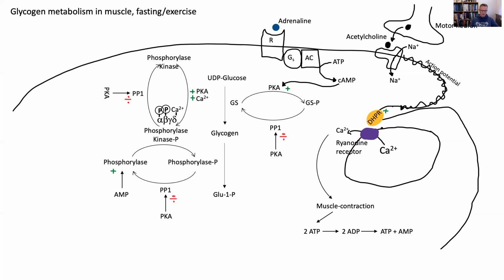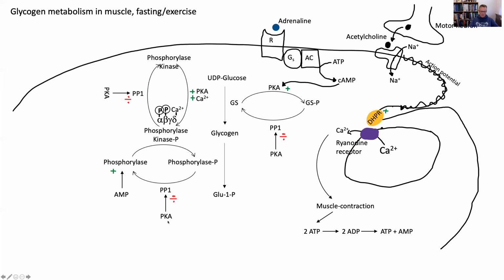Then we also know that it's quite important to be able to regulate the phosphorylation of the different enzymes, that being glycogen synthase, phosphorylase, and also the phosphorylase kinase. We know that the enzyme that can dephosphorylate these enzymes is called PP1, or protein phosphatase 1.